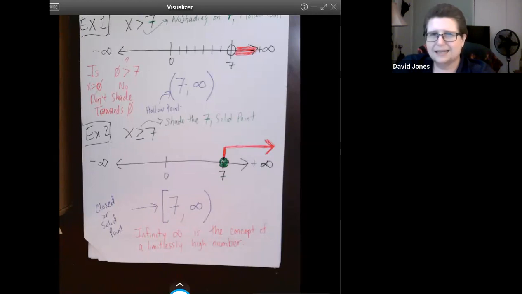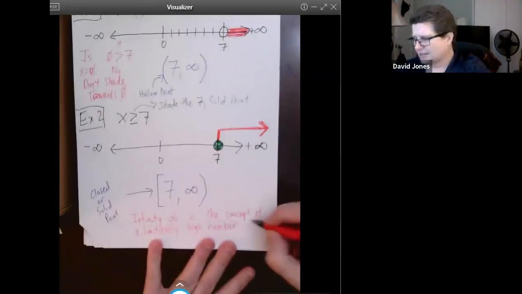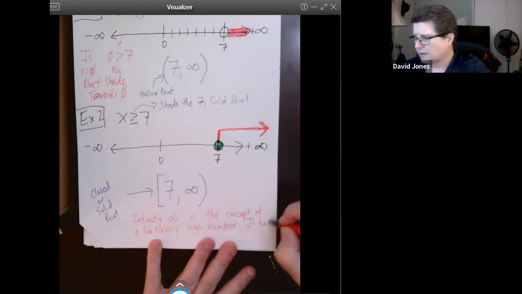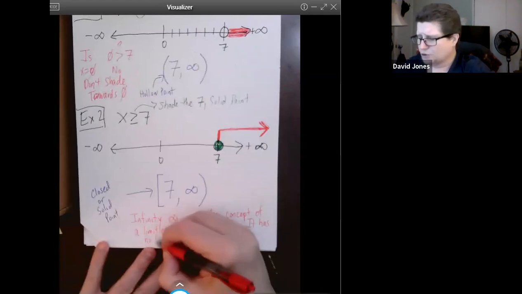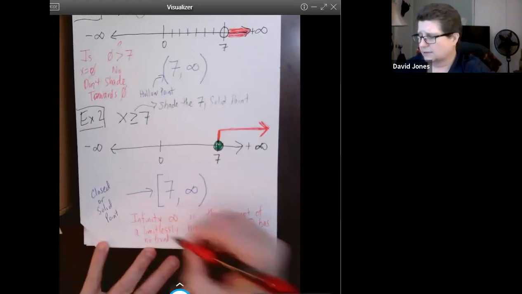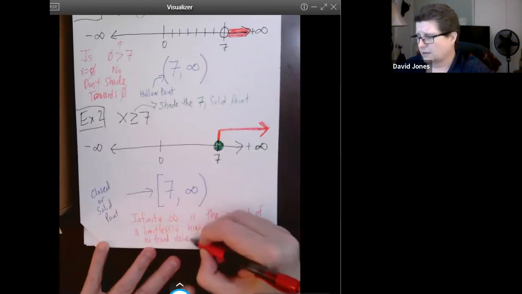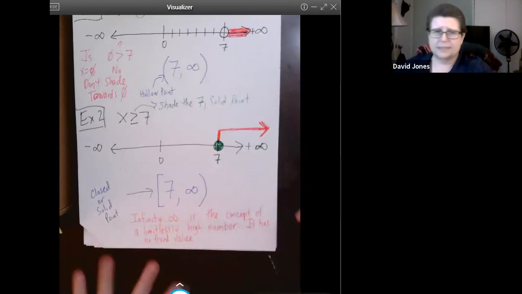Infinity is the idea that it's the furthest possible value from 0. And in all reality, you can always keep adding 1, so infinity does not have a value. It has no fixed value because you can always add 1 to a fixed value.